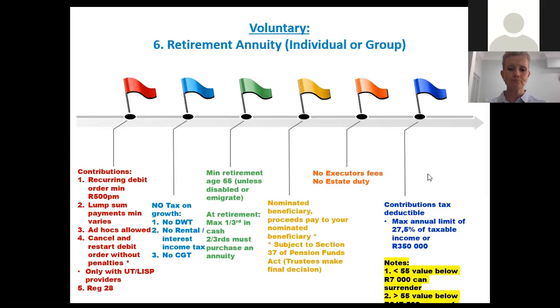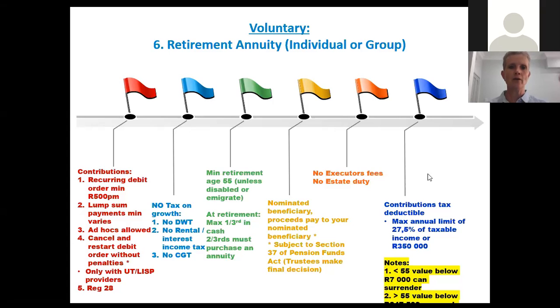But anyway, the one thing you just need to know on that second note is it is per service provider. So for example, if you've got an RA with Liberty and you've got an RA with Sanlam, and each one of those independently is below the 247,500, you can cash both in full.